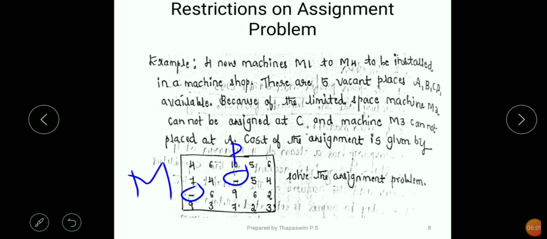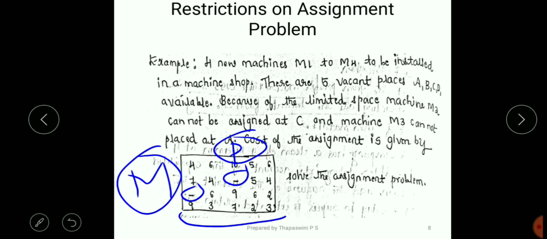If you consider the given cost matrix, there are 4 machines and 5 places, and machines M1, M2, M3 and M4. Now if you see this assignment cost matrix, this is an unbalanced assignment problem. To make it a balanced one, we have to add something called a dummy row, that is, one more imaginary machine, to make the problem a balanced one.